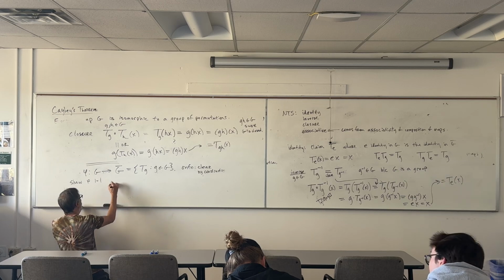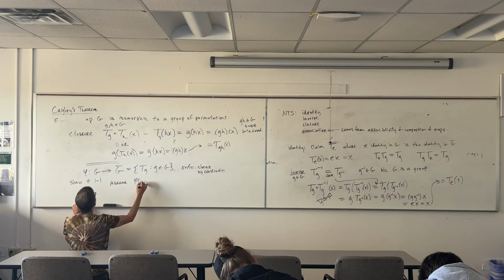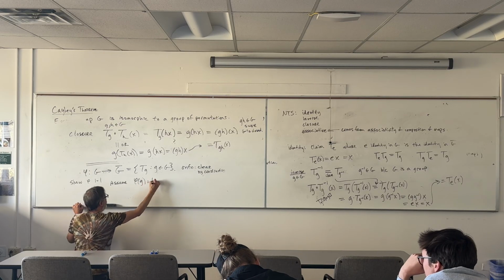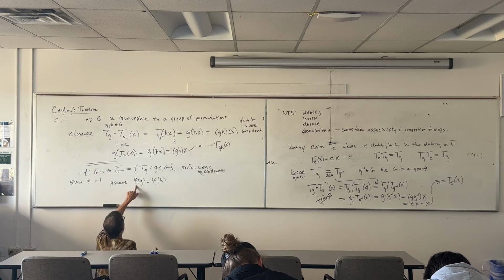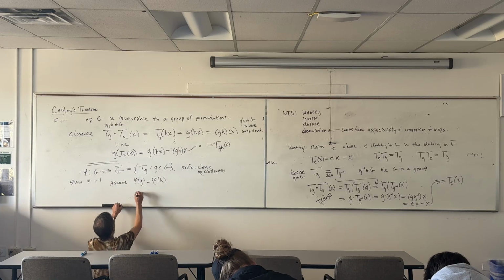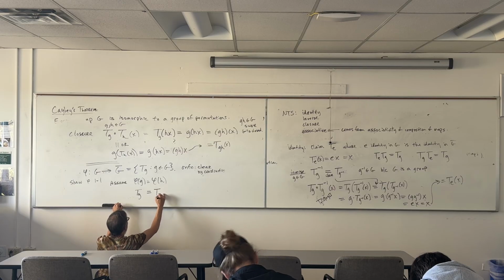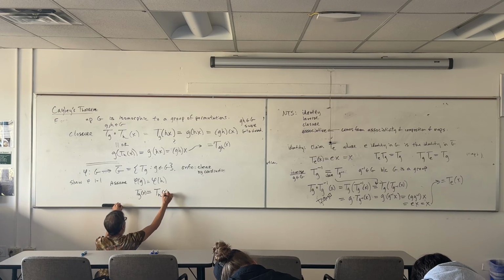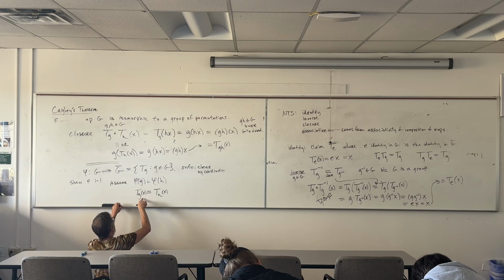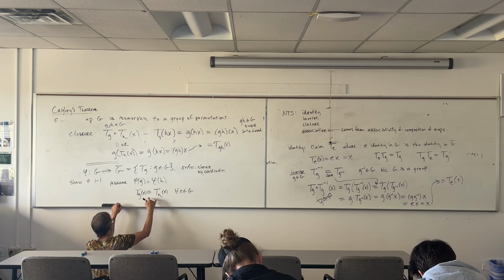To do that, I'm going to assume that phi of G equals phi of H, and I need to show that G equals H. Well, phi of G is T sub G, and this guy over here is T sub H, and I'm going to apply them to an element X. To say that these two are the same is to say that they are the same for all X in G, that these transformations give you the same output no matter what the input X is.